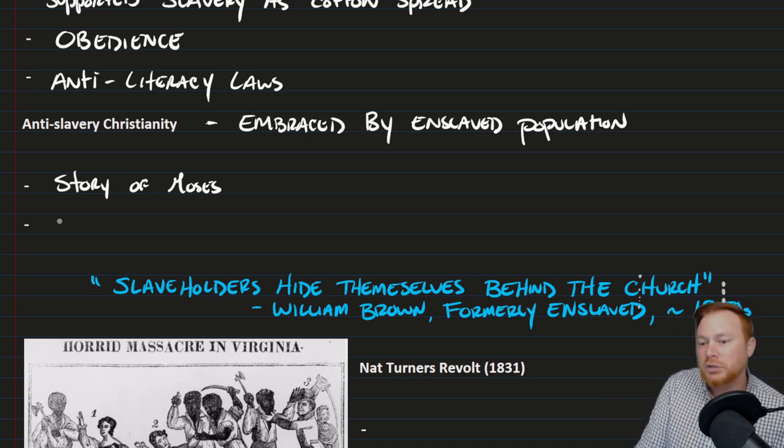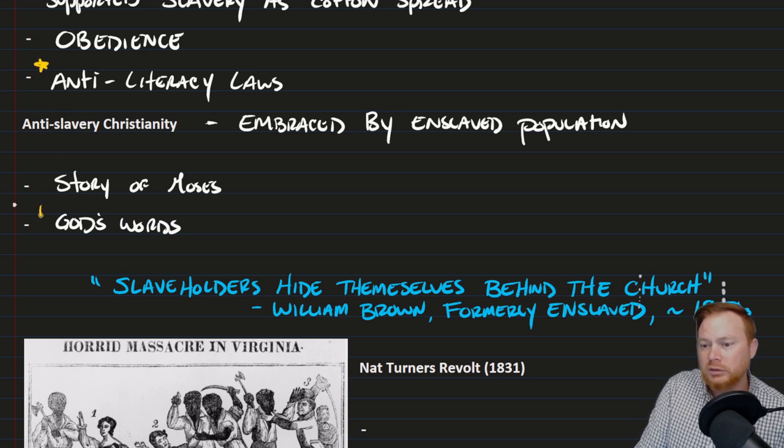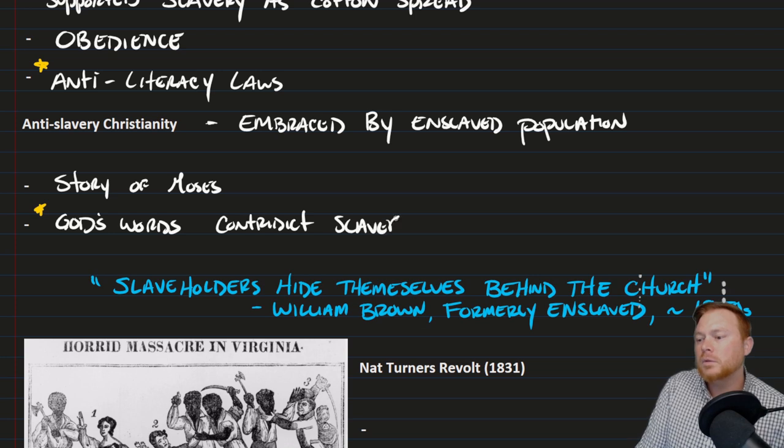You could also look at other verses of God's words. Again, this would tie to the point about the literacy laws. If one managed to read and write and read the Bible for yourself, there are plenty of parts where God's words contradict slavery. The notion of equality in the eyes of God, good versus evil. All of these things were applicable.